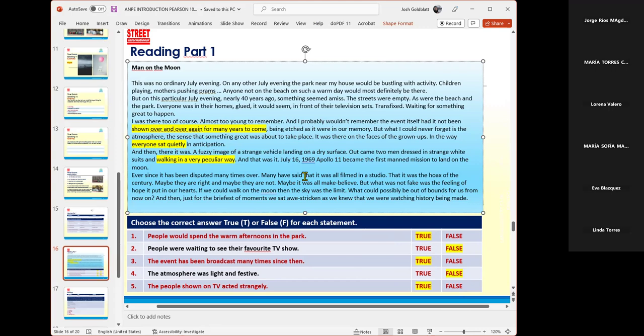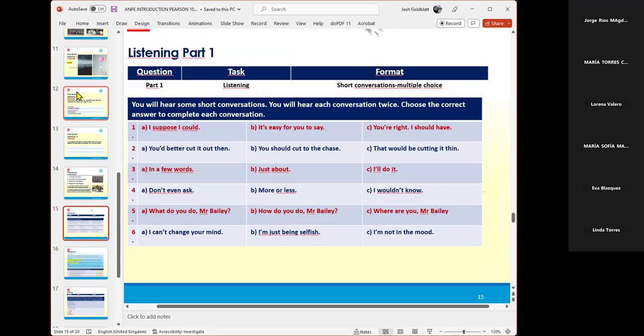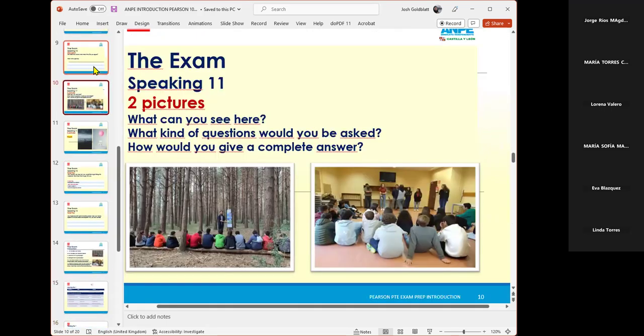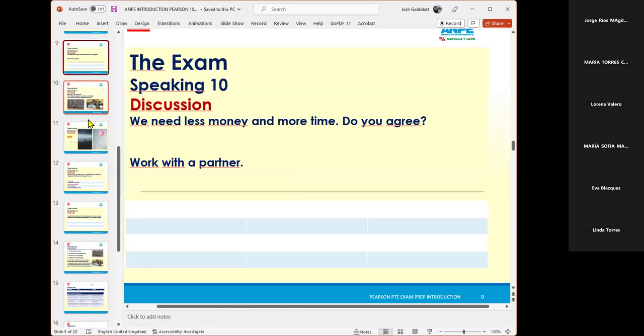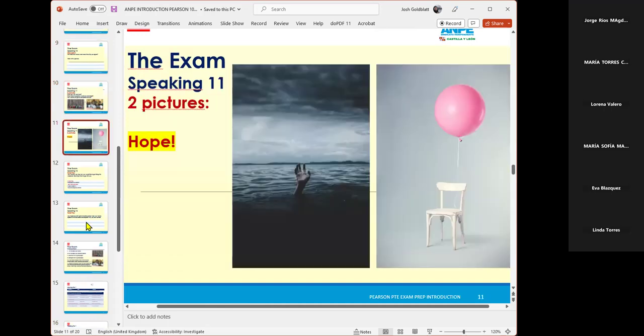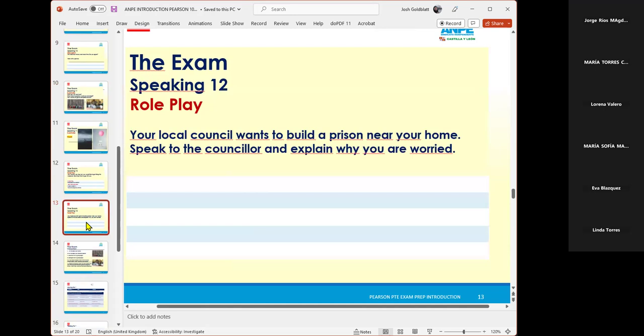That's it. So for the moment, we'll stop now. I think that was good. We did the speaking, nice speaking, little bit of listening, little bit of reading. So we've got an idea about the exam, but mainly the most important thing is our speaking, our discussion, our pictures, and our role play.